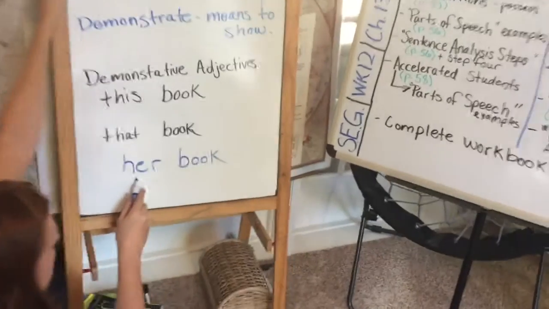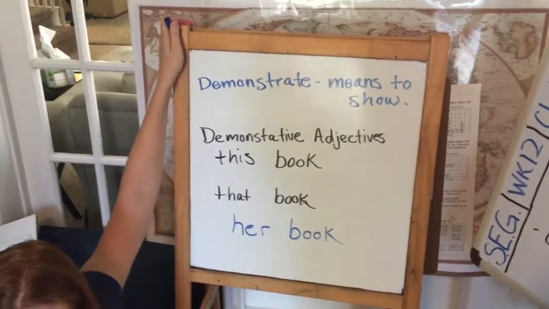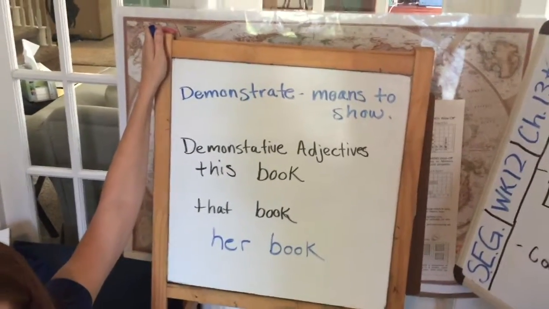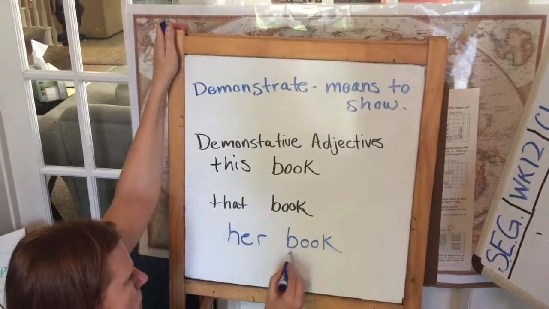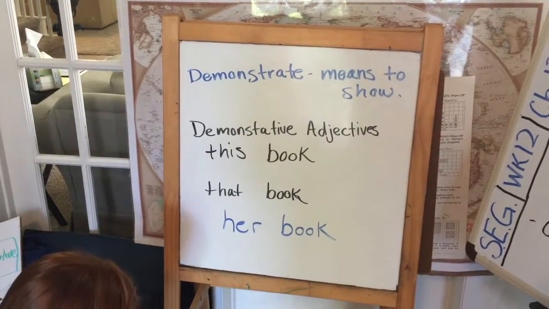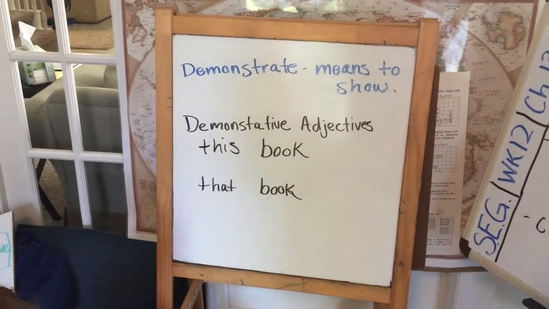I would say so, yes. Yeah, it shows his book. It doesn't show. It tells. It tells possession. That is true. So it's her book. So that's a possessive adjective. That book shows which one we're talking about.